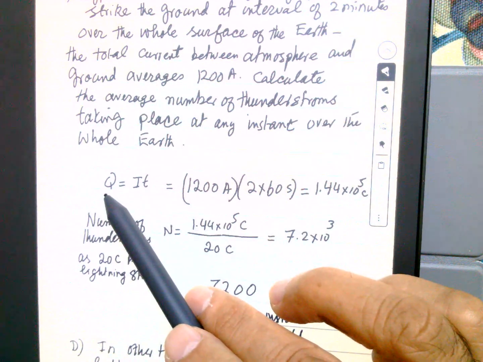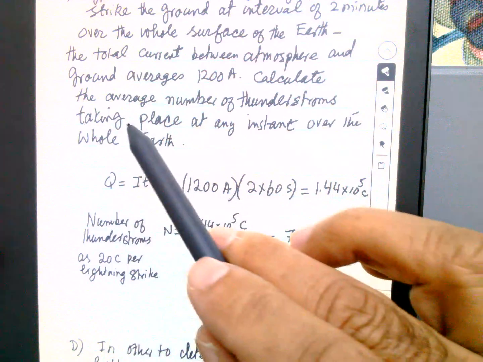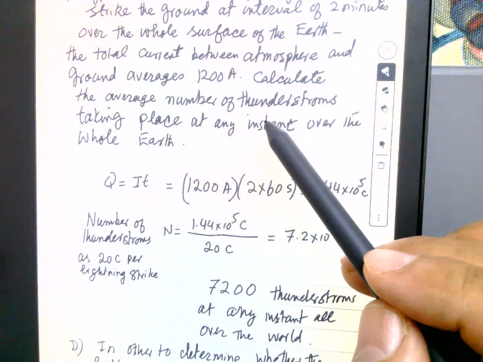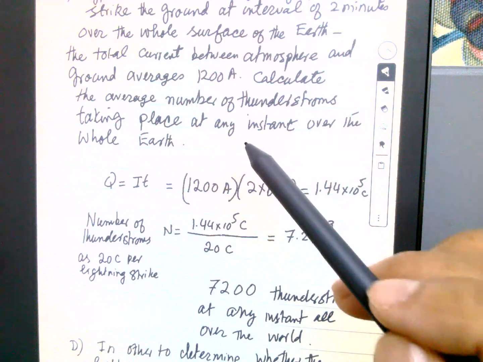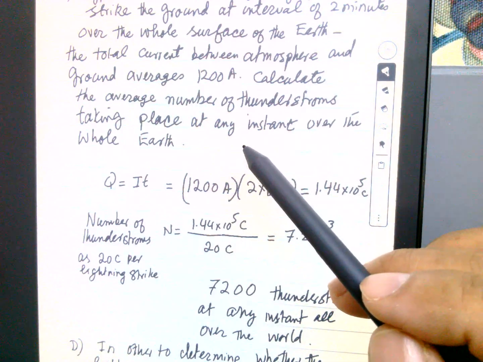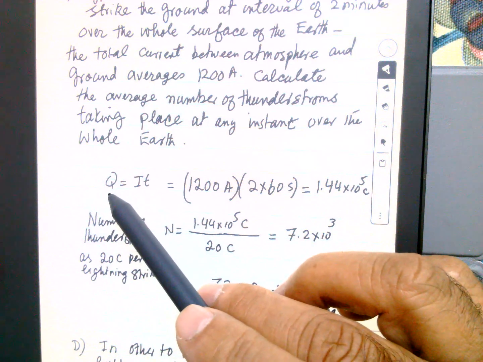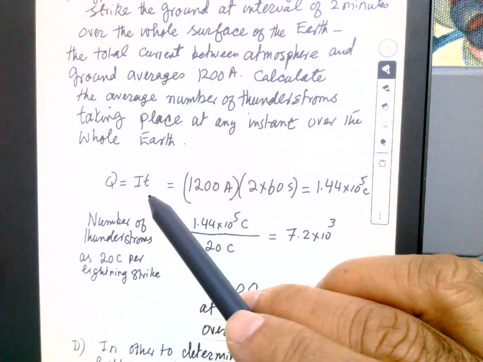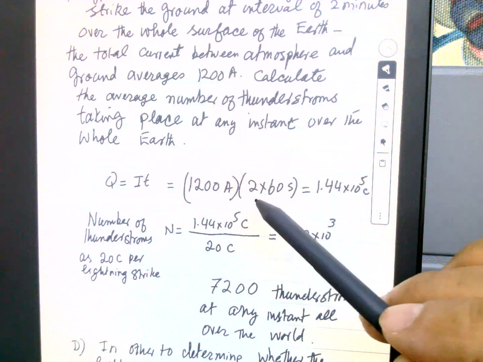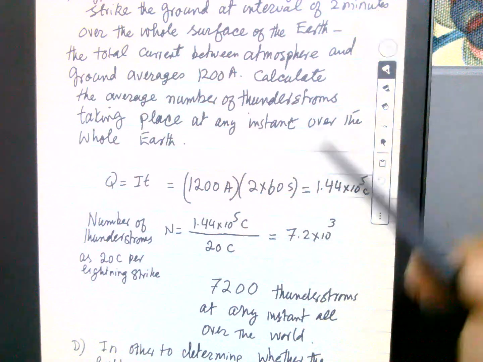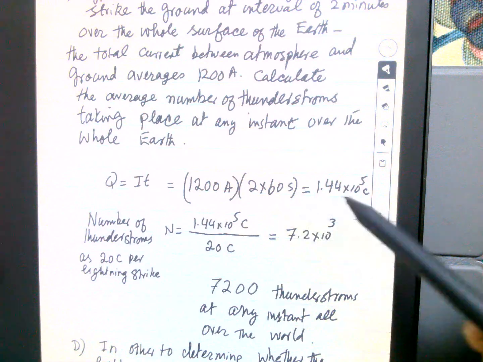We have to find the number of thunderstorms happening all over the earth at one instant. So how much is the total charge? Charge is equal to current times time. Current is 1200 ampere, and time is 2 minutes.